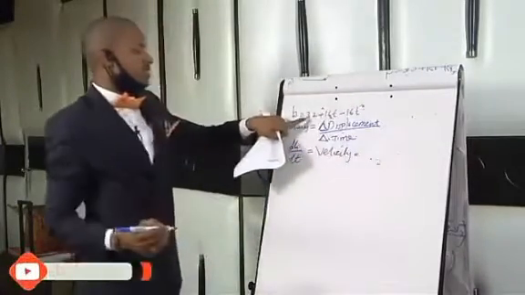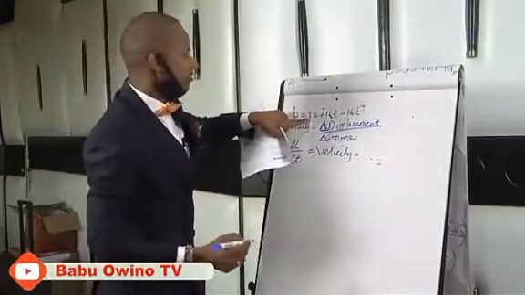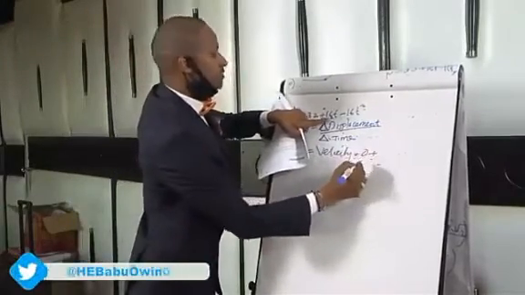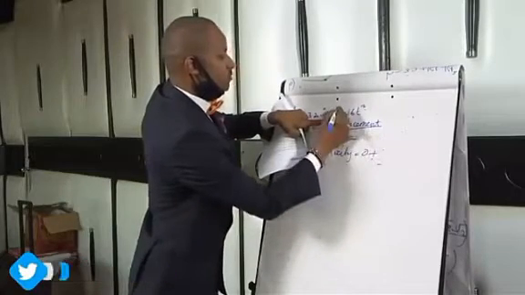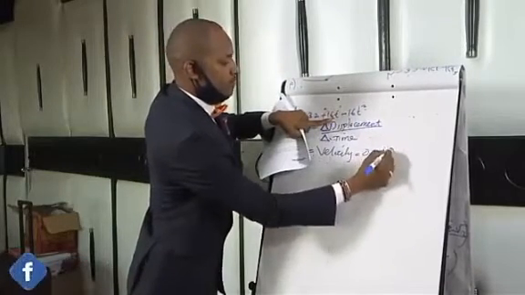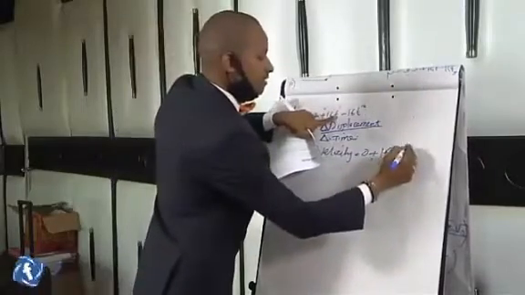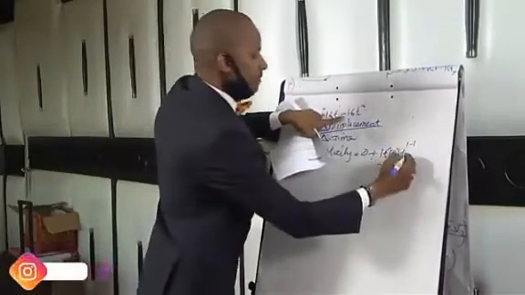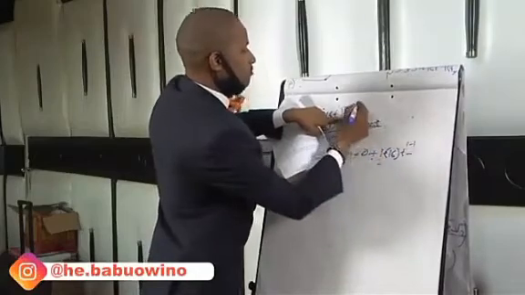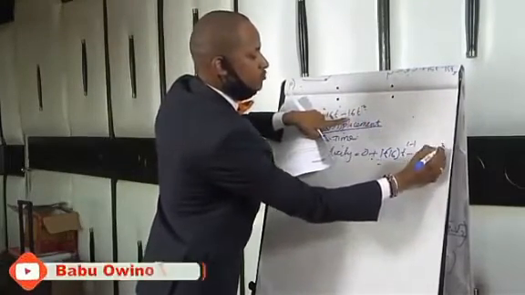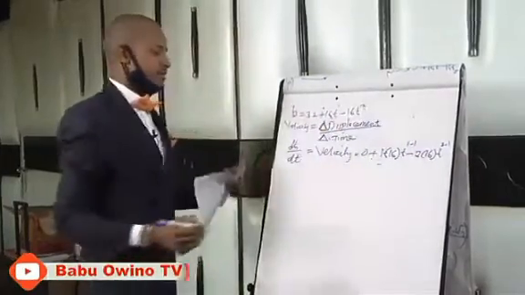When you differentiate 32, you get 0. When you differentiate 16t, you drop 1 down, that is 1 into 16, you multiply by the constant, then t to the power 1 minus 1. Minus, you drop 2 down, that is 2 into 16, t to the power 2 minus 1, you subtract 1.